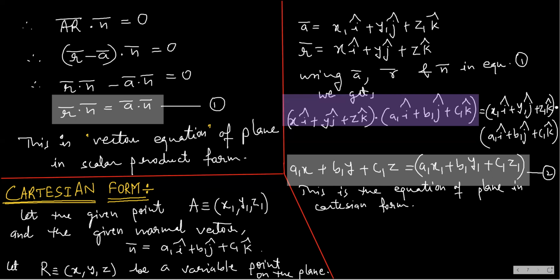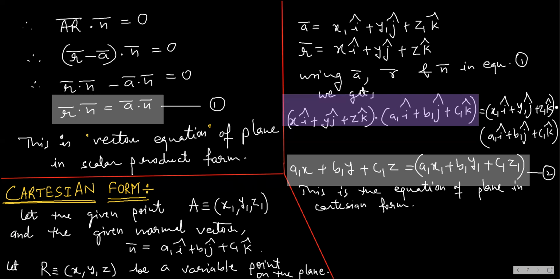Now students, see, this is going to be a number. Just imagine if you had here 2, 3, minus 7, and here you had, say, I'm just writing any vector, minus 2 i cap plus 3 j cap plus 7 k cap. What would have happened? 2 into minus 2 plus 3 into 3 plus minus 7 into 7. That would have given you simply a number. You understand? So similarly, try understanding that this RHS of equation number 2 is going to be a number.